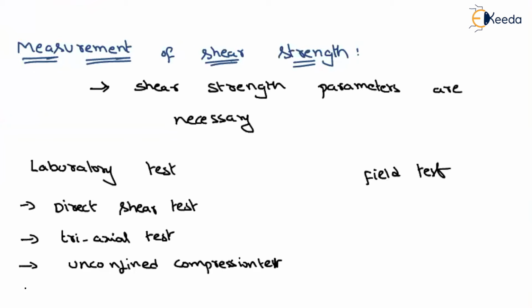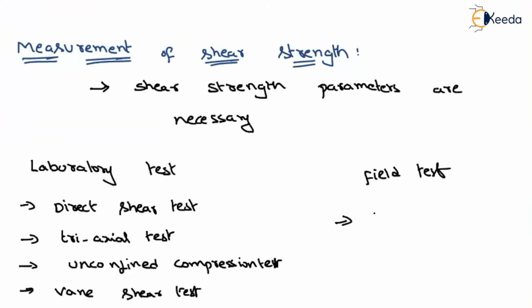So let us draw the important ones, and let me also discuss the vane shear test. In addition to these, we also have the torsion test and the ring shear test. But out of those, these four are the commonly used tests in the laboratory.